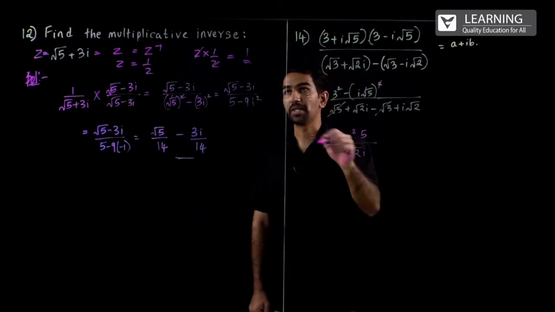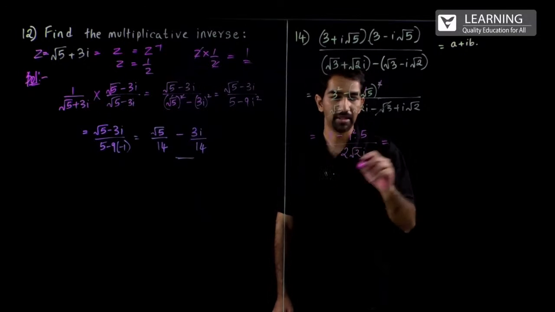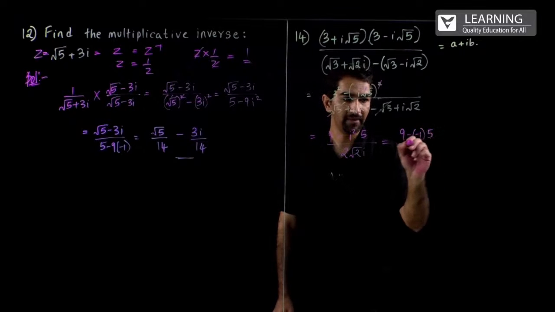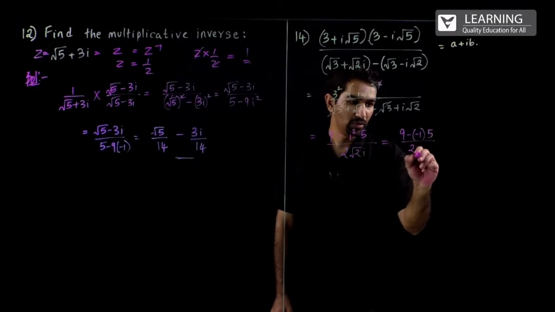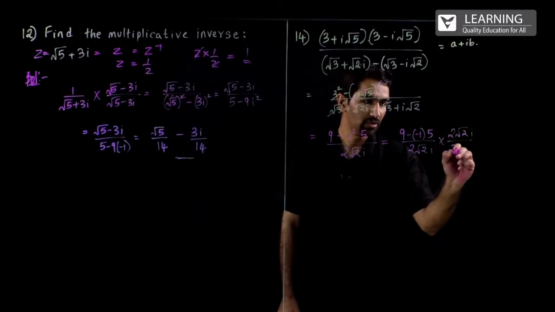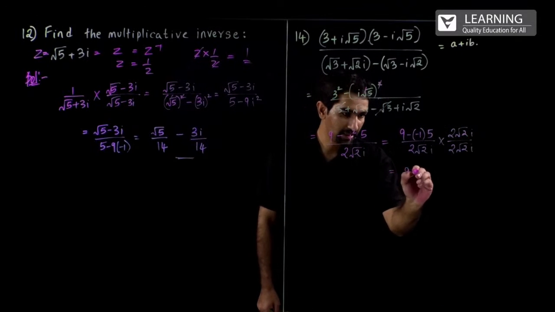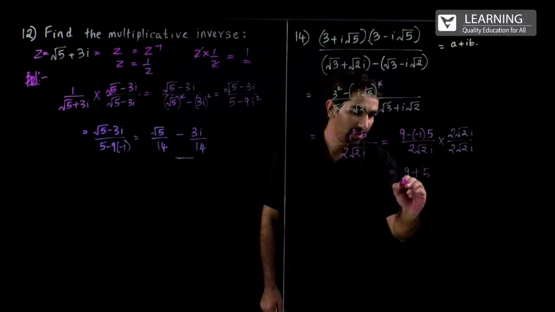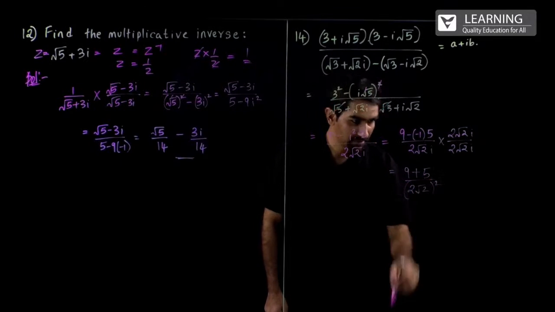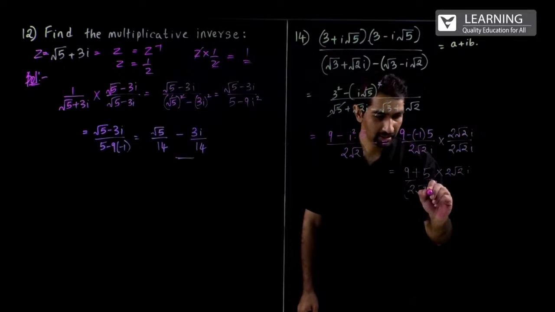So i square is nothing but how much? Minus 1, we know that. So in the next step we will rationalize, or we will try to eliminate this root. So that is 9 minus of minus 1 of 5 the whole divided by 2 root 2i, into 2 root 2i by 2 root 2i, which is equal to 9 plus 5 the whole divided by 2 root 2 the whole square, into 2 root 2i.